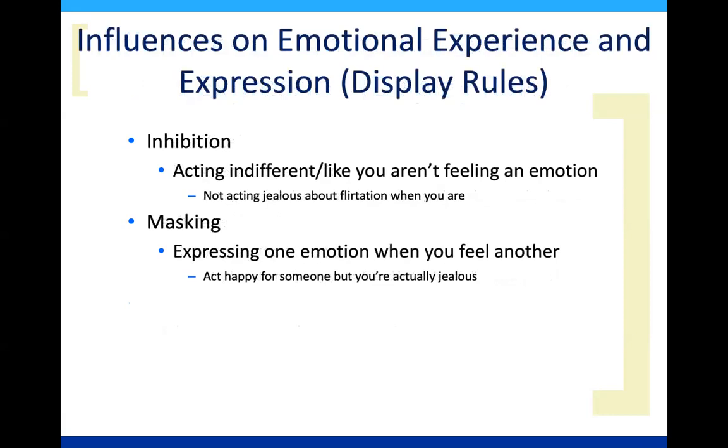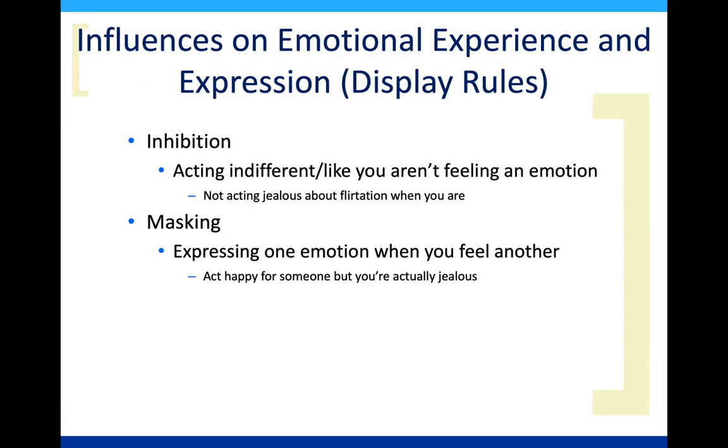Another display rule is inhibition. This is where you might act indifferent about something or someone, or act as if you aren't actually feeling an emotion. So an example here would be not acting jealous about a flirtation that's taking place between your significant other and someone else, when really you are.